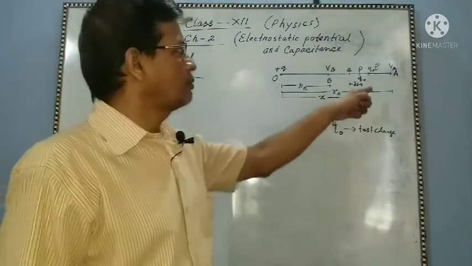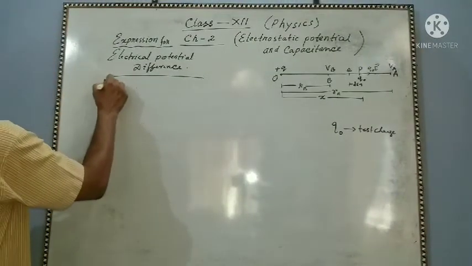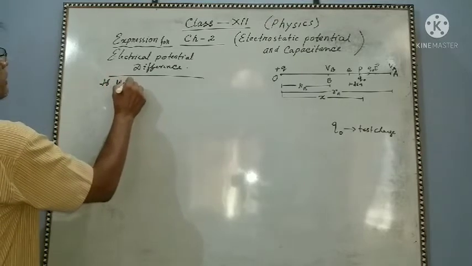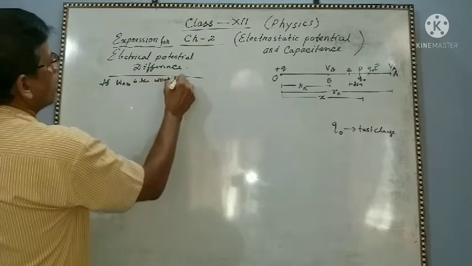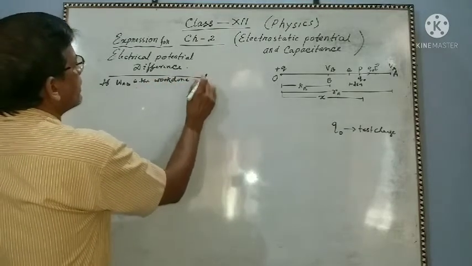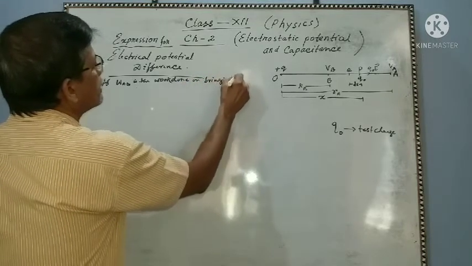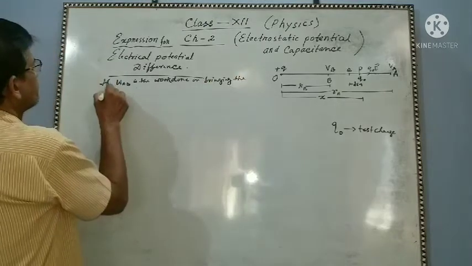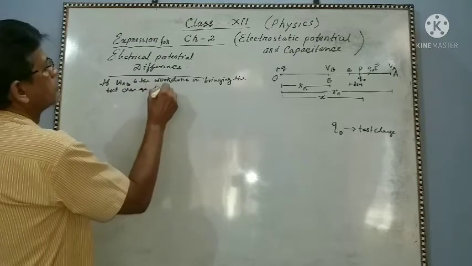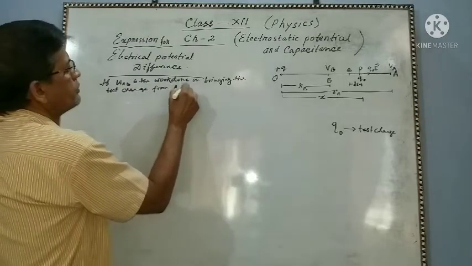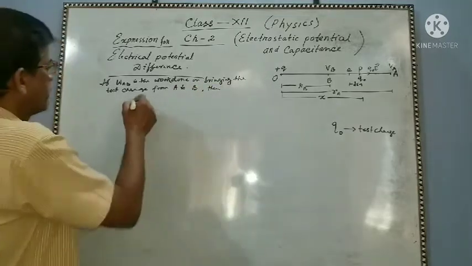If WAB is the work done in bringing the test charge from A to B, then what will be the potential difference?